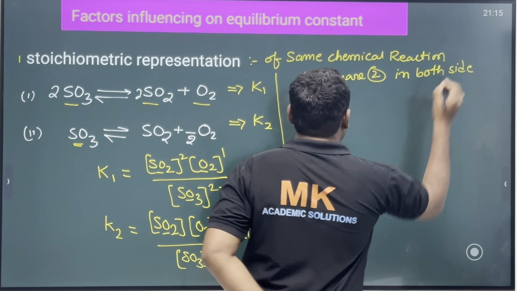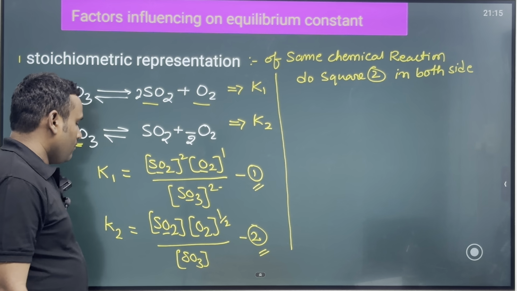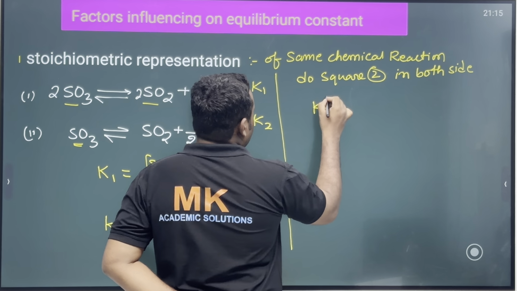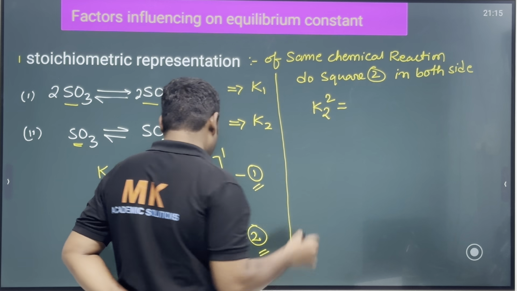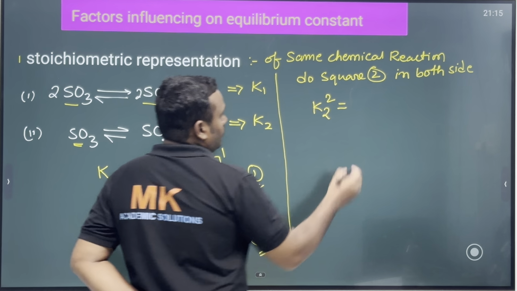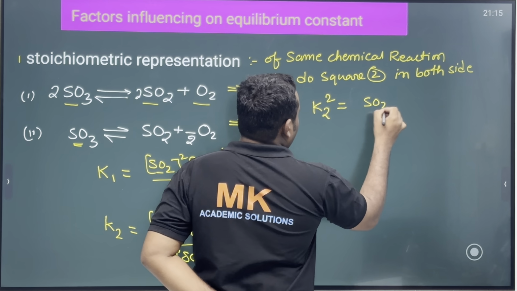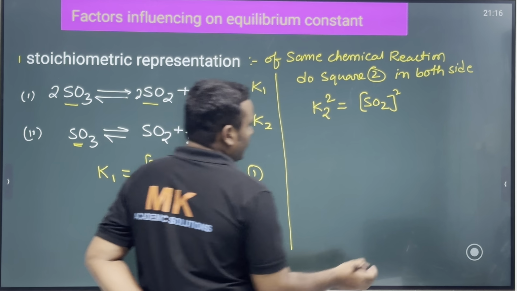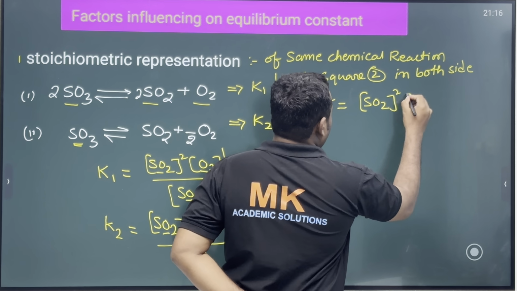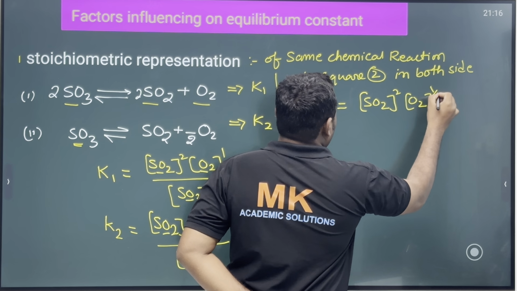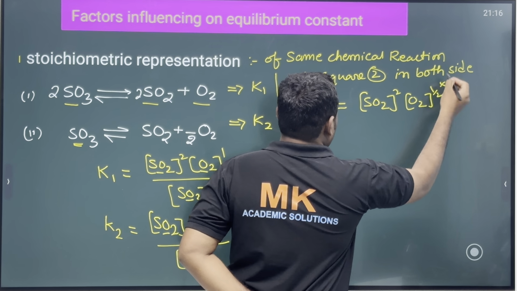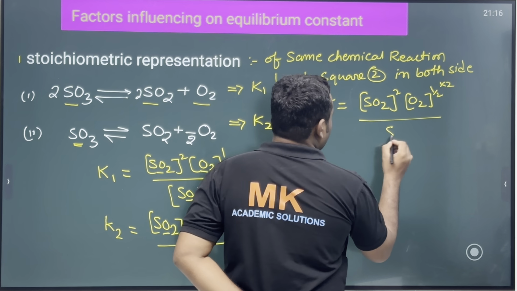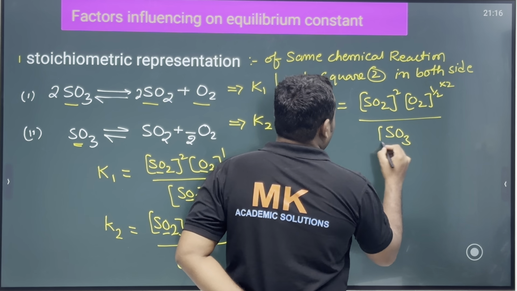When I square both sides, what do I get? K2 square is equal to SO2 whole square, and O2 power 1 by 2 whole power 2, divided by SO3 whole square.